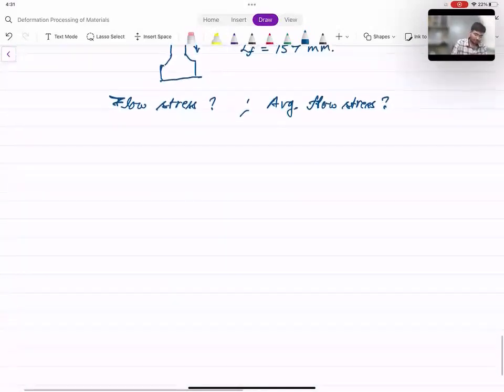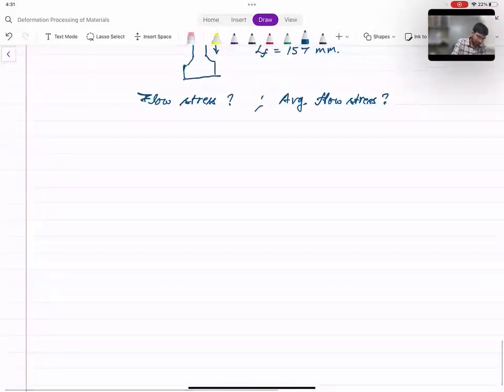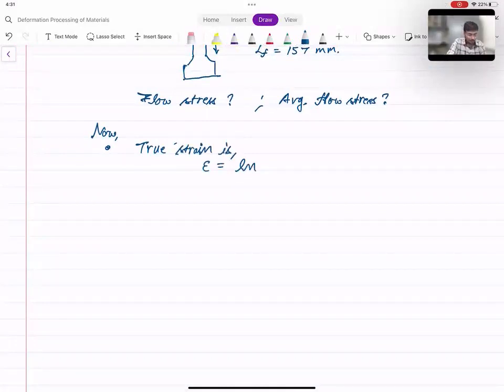Okay, so we know that true strain is epsilon, nothing but ln of initial length by final length.